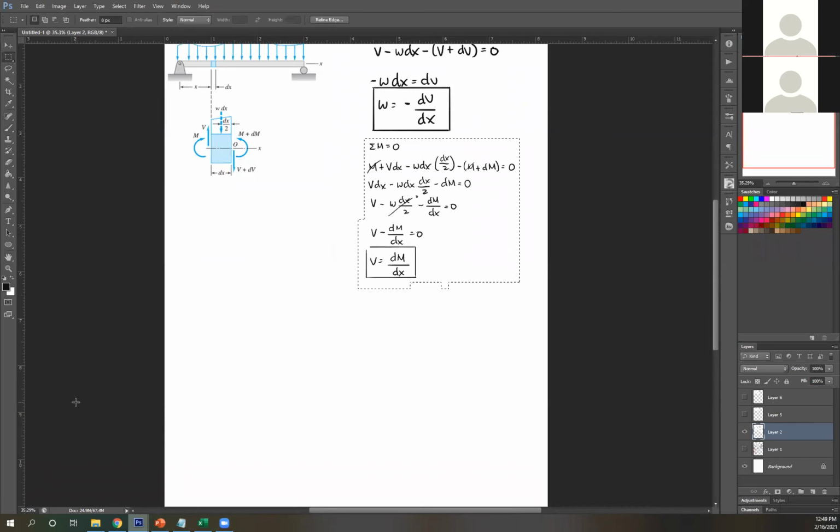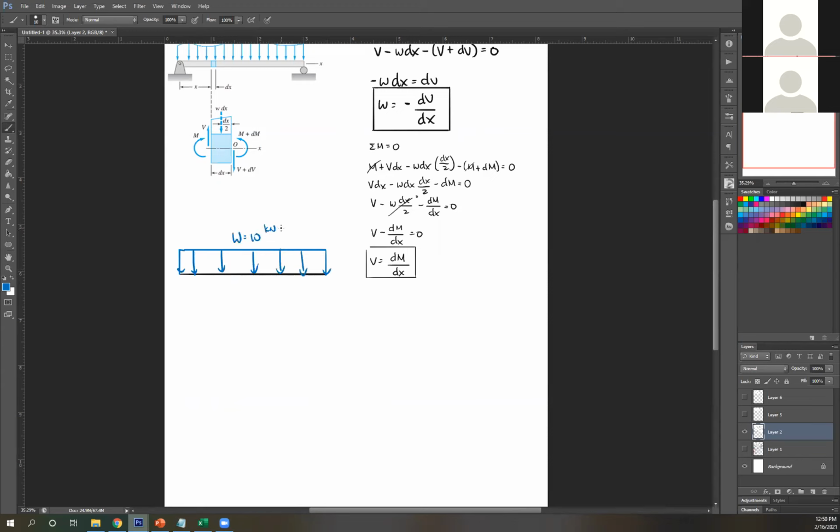So let's say again I have a beam, right? And let's say we have a distributed load. Okay, so this is what your distributed load is. It's uniformly distributed. And the intensity W is 10 kilonewton per meter. Okay? And then let's say this length is 2 meters.